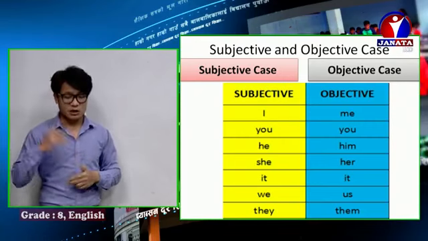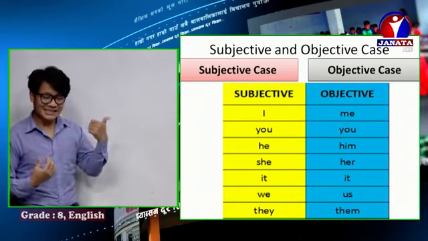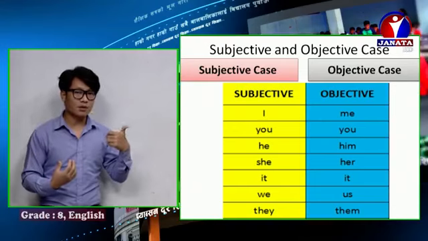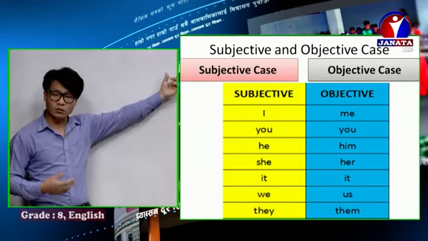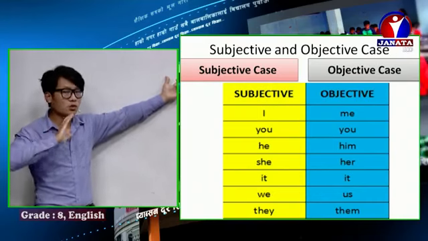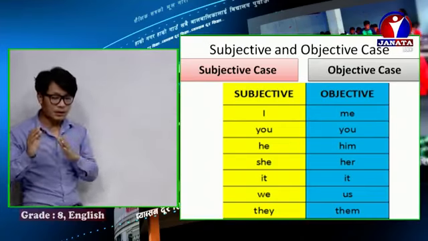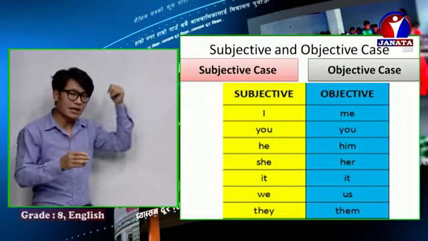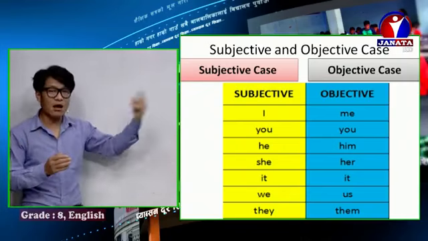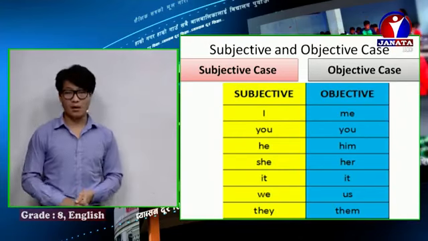I. You, him, he, her, she, it, us, we, them, they. Okay, when there is this objective case, then obviously we should change them into subjective case, and at that time, if there is me as an object, then you should write I. You as an object, then you should write you, and him as an object, then you should write he. Okay, later also we will practice. Just to have an example about this.